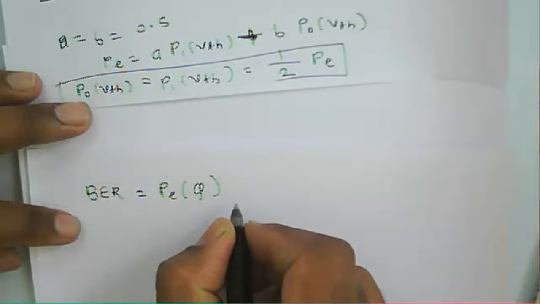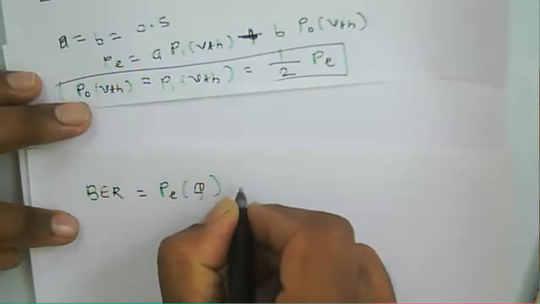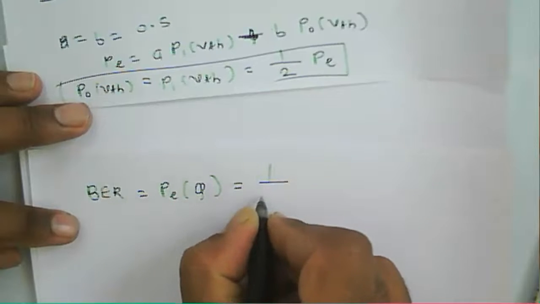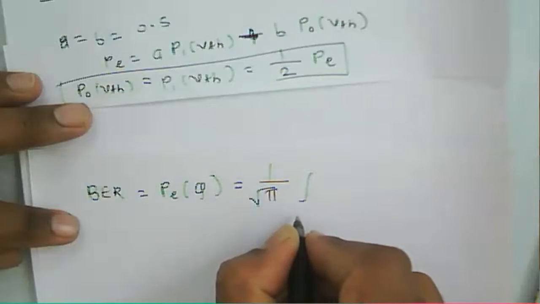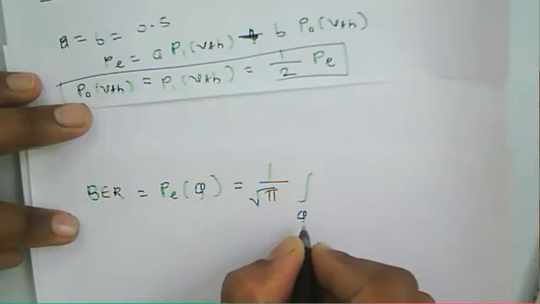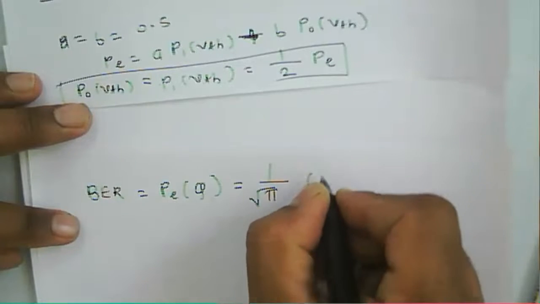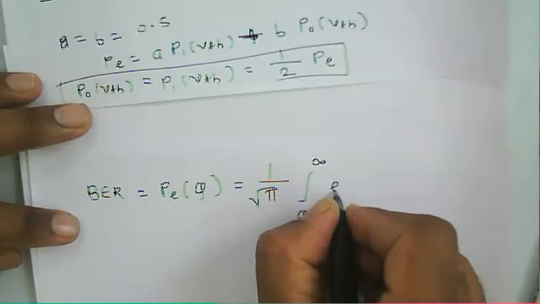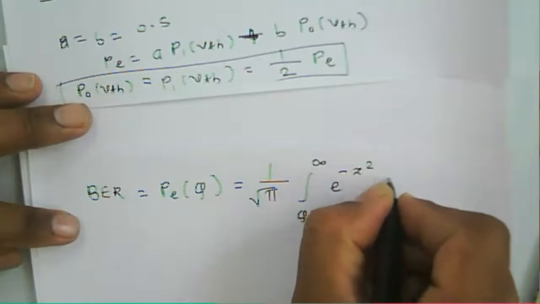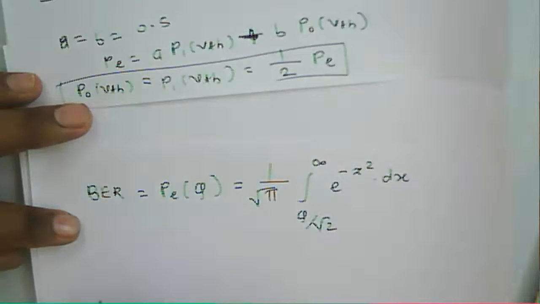So P of Q is equal to 1 by root pi, the integral from Q by root 2 to infinity of e raised to minus x square dx.